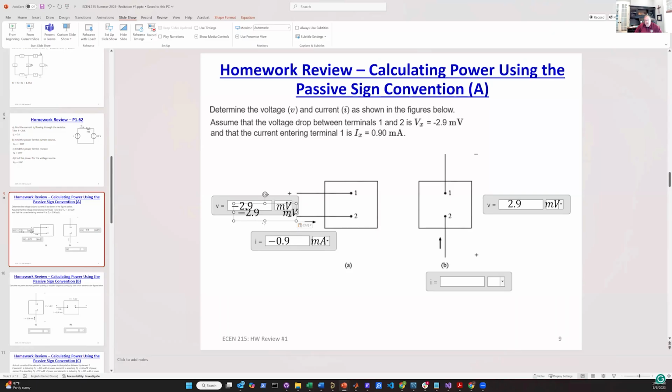And here, the current, again, is milliamps. In this case, it is going in at positive into terminal 2 by the analysis, but by the terminology, we're told the current is still from pin 1 to 2, so it's still minus 0.9 milliamps. Anybody have any questions by this?